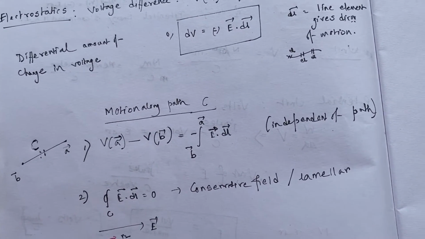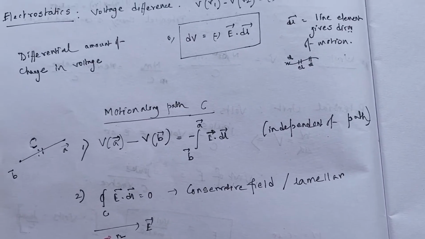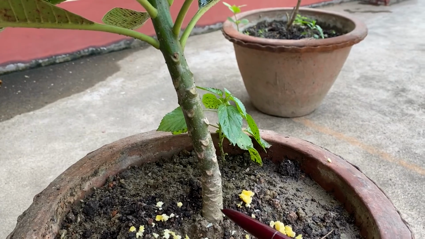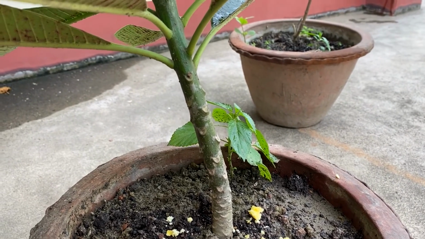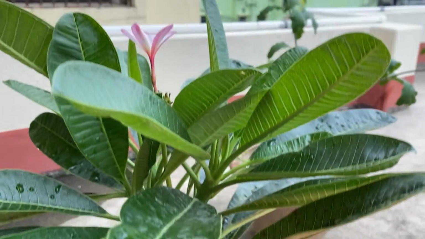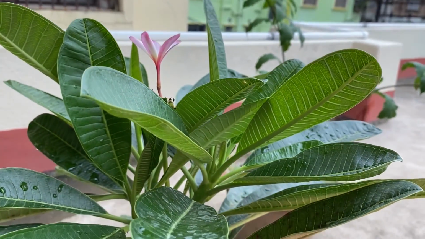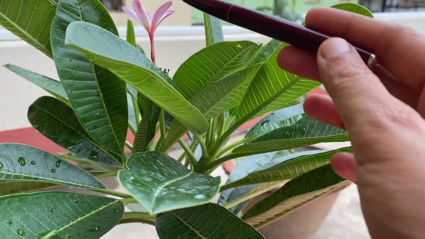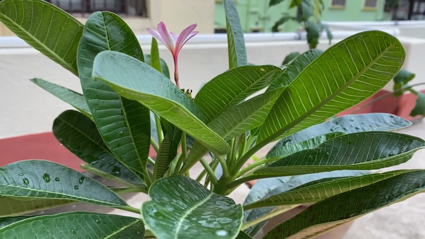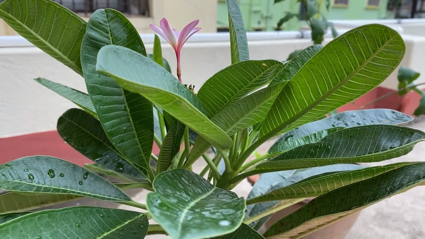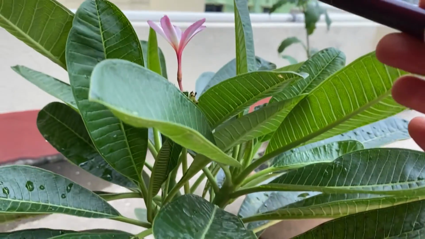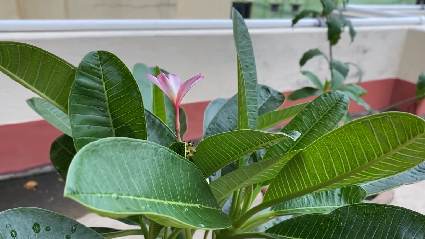This is analogous to potential energy. Suppose I want to find the gravitational potential energy difference between this point and this point, because the height I can easily measure. This height is h and the potential energy difference is mgh. Now I can move from here to here by so many paths.